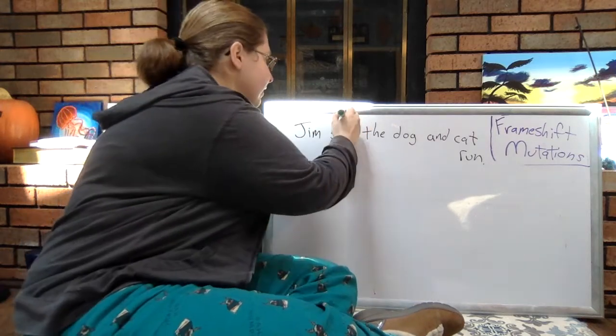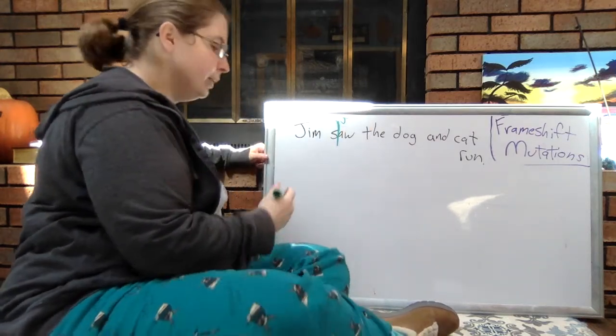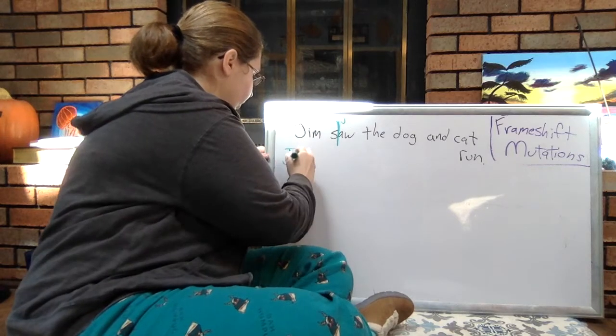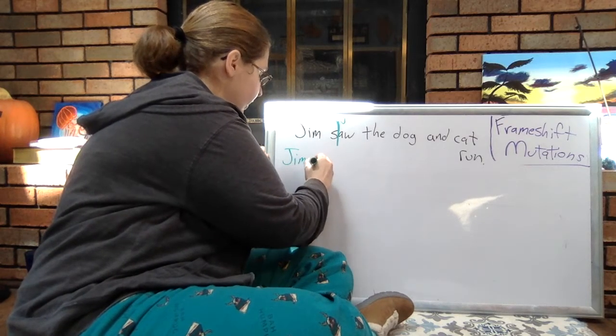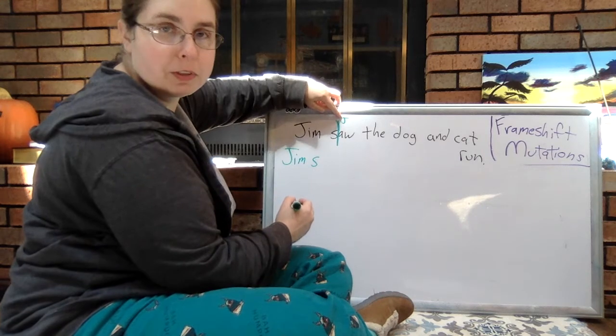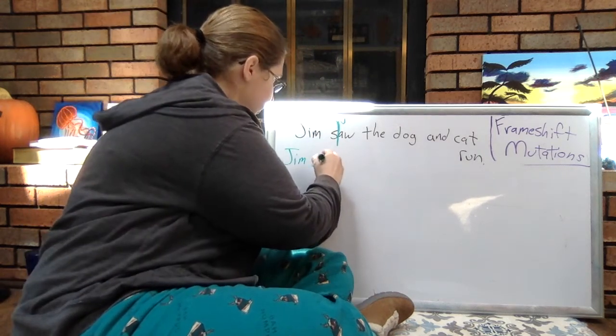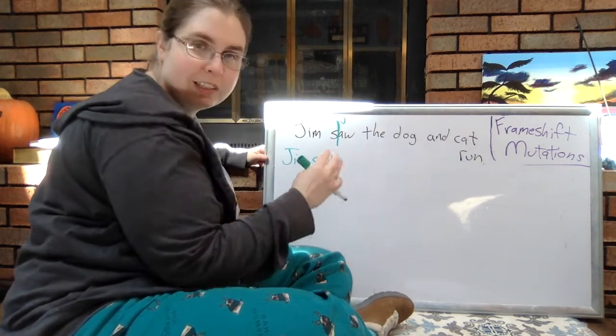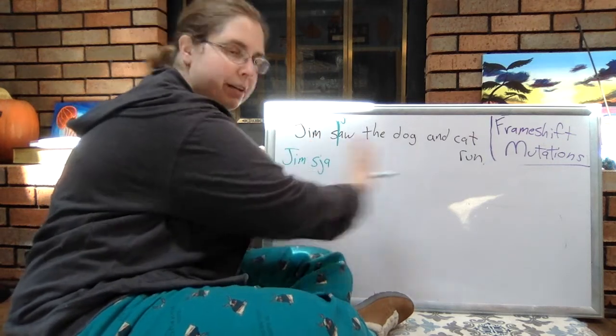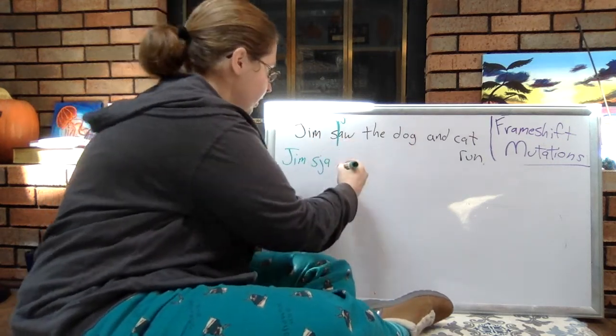Maybe, why not a J? Well, that's going to be Jim, S, J. We have to include the new letter, A. Now remember, I'm doing this in 3-letter words, so that means everything else is going to get shifted down.